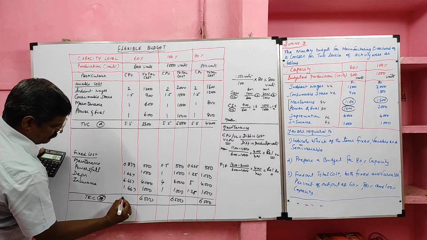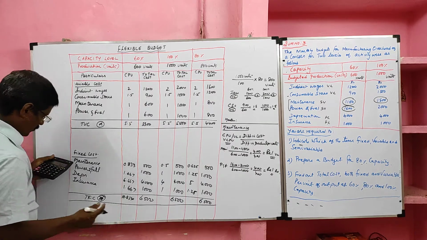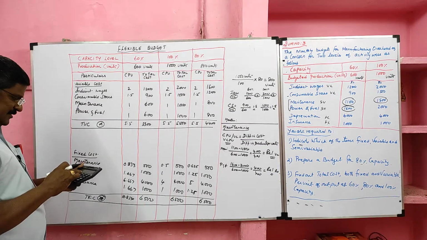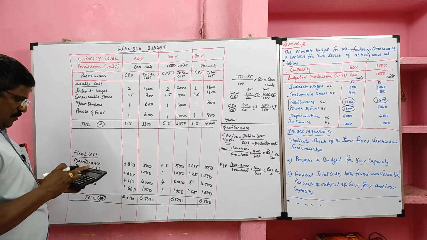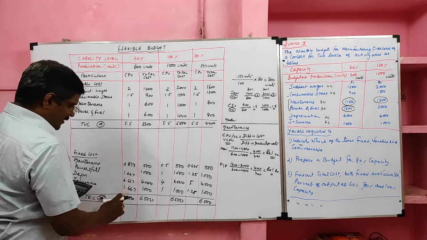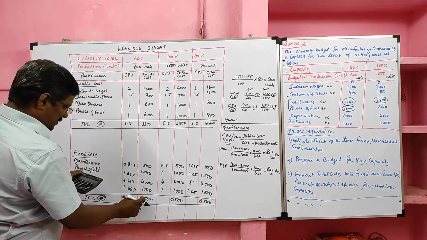Total 10.834. Once again we will check this. 0.833 plus 1.667 plus 6.667 plus 1.667. Okay, correct. If we multiply 10.834 into 600, we will get the same value.